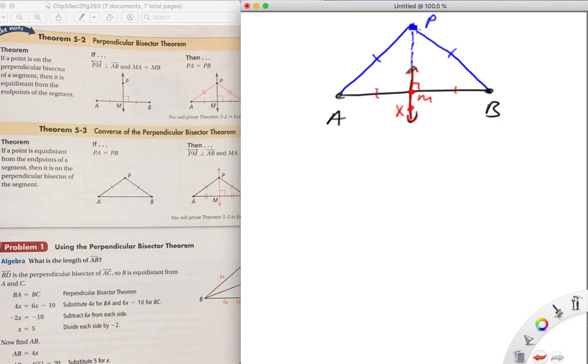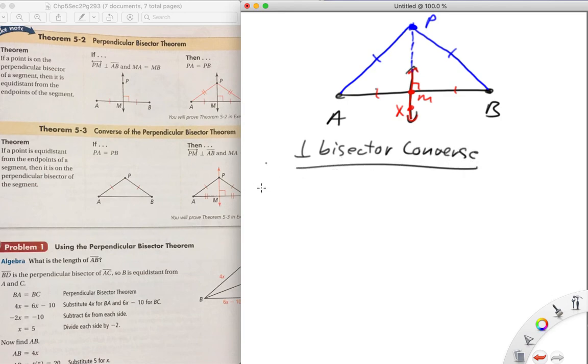If I know that the point is equal on both sides, then I know that point P lies on the perpendicular bisector of A and B. So this is the perpendicular bisector converse.